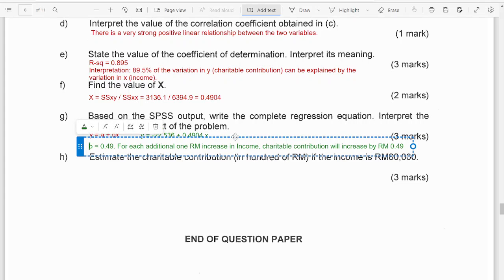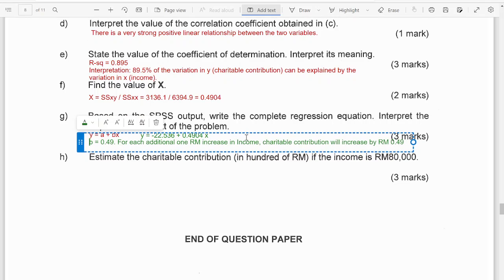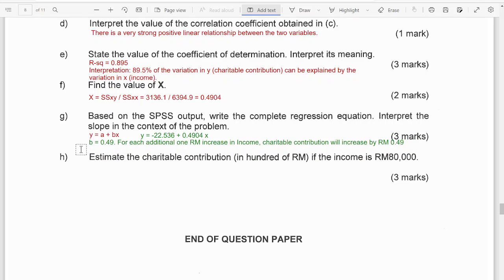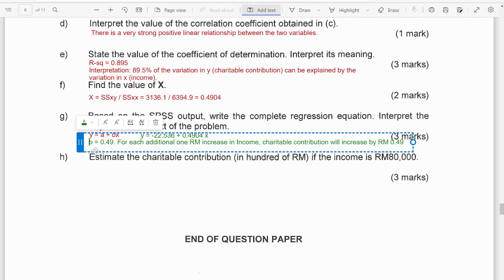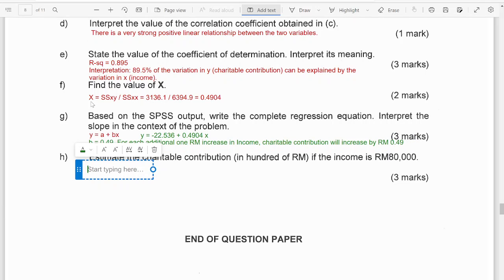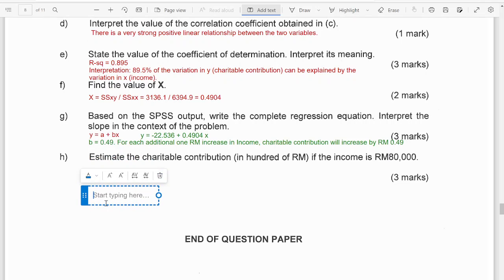Ataupun kalau you nak ubah terus dia punya nilai, what you can say is that, let me just replace this into the value itself. Sekejap, saya tulis kat bawah, nanti saya naikkan ke atas. Or you can just say that for each additional, kita tukar terus dia punya unit, additional increase of income by, dia guna apa? 1000 kan?